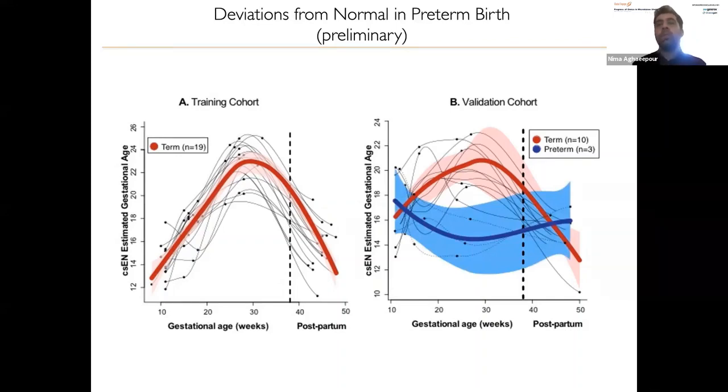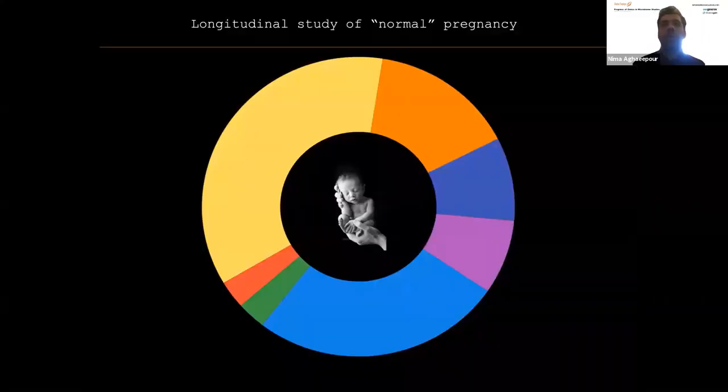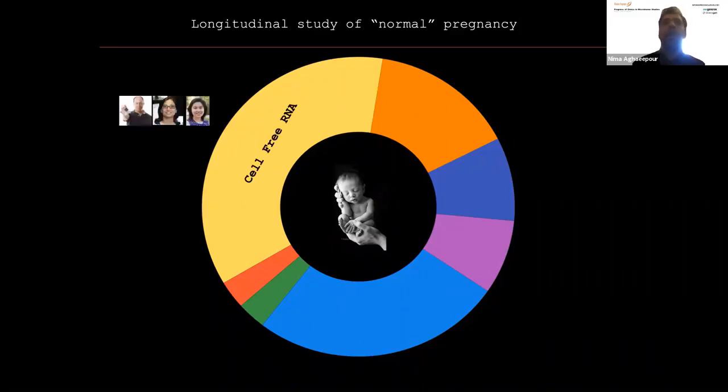But what we were really interested in was understanding how the immune system interacts with other biological modalities that we can collect from the same patients. So we put a big consortium together at Stanford where we enrolled the same group of pregnant women, and we measured in the same cohort cell-free RNA in plasma.